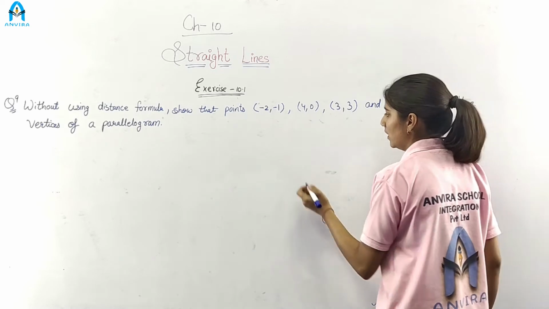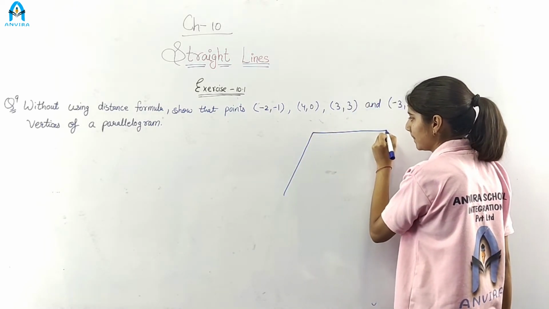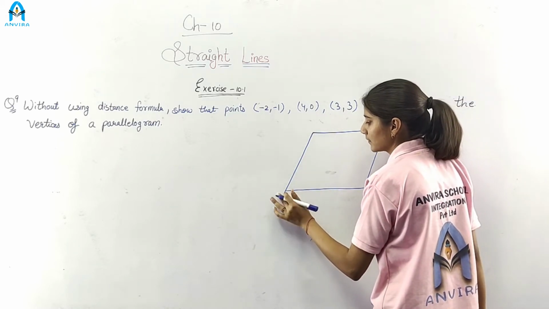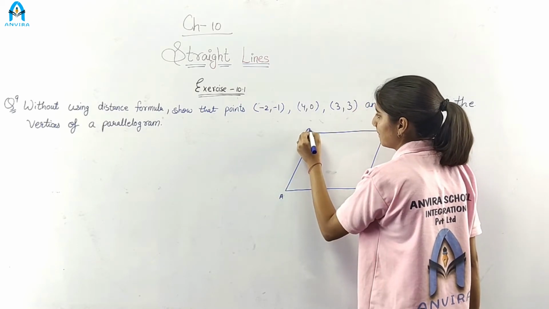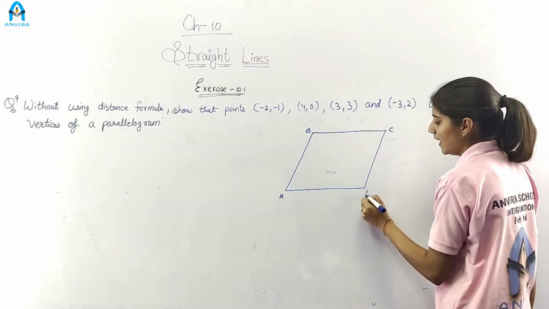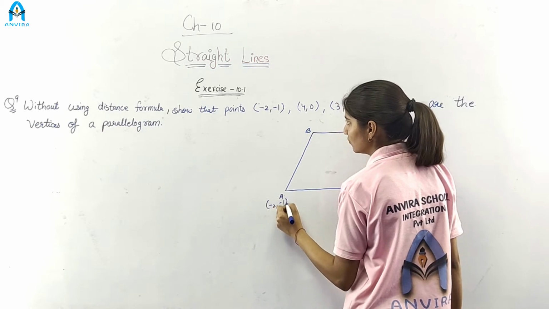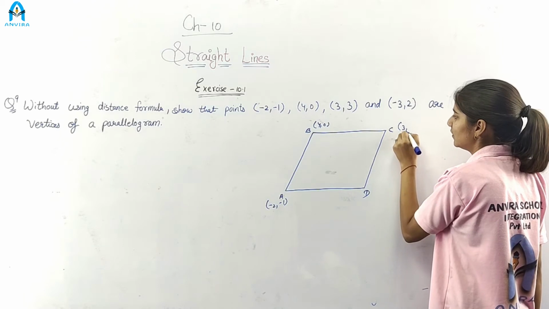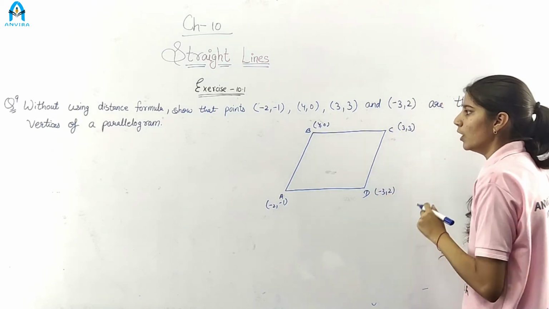So first of all, I made a parallelogram in which the points are A, B, C and D: (-2, -1), (4, 0), (3, 3) and (-3, 2).